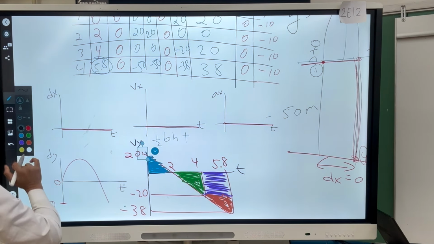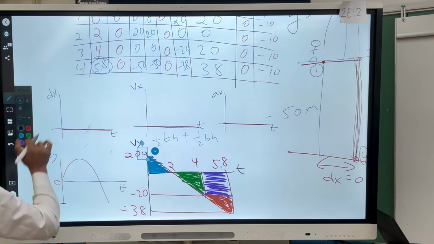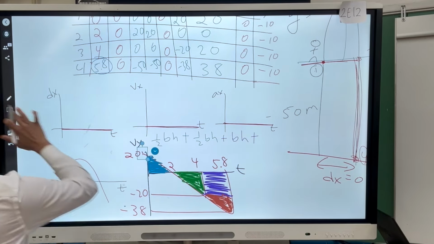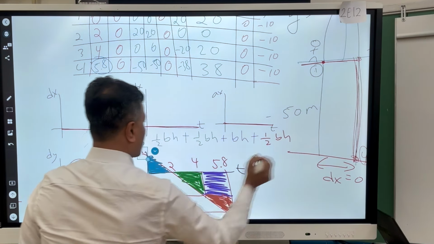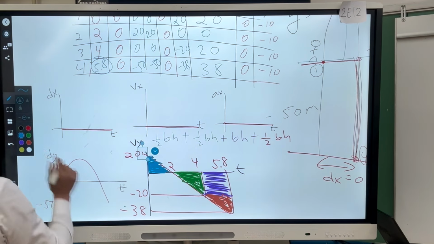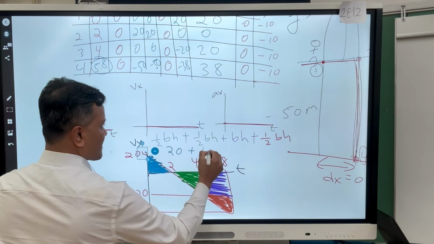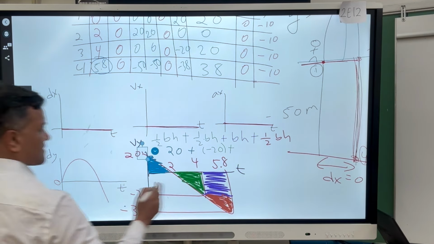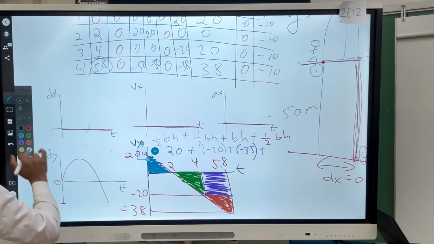This is half BH. This is BH. This is half BH. So this is 20 plus this is 20 plus this is 35 plus this is negative 15.